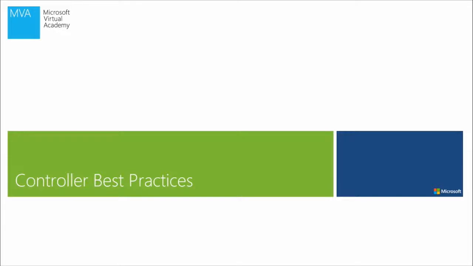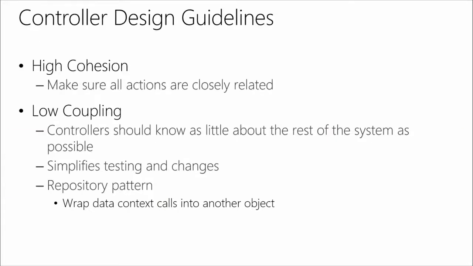So the last little takeaway that I want to mention here is best practices for our controllers. And what I want you to notice is high cohesion, low coupling, or loose coupling, as it's sometimes known. This is really Object Design 101. We talked an awful lot in the intro about making sure that things are testable.